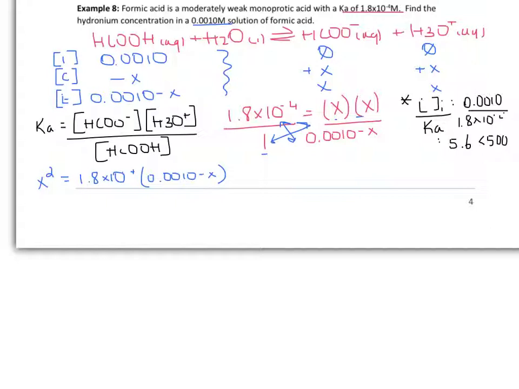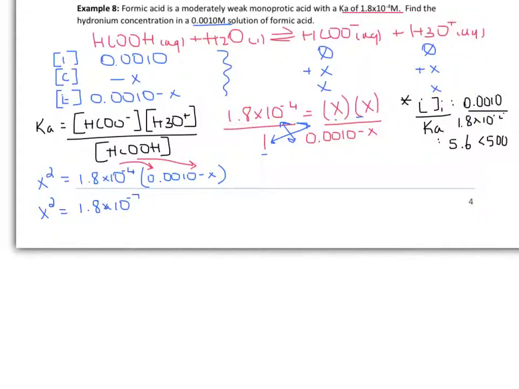In order for us to get this into the brackets, we must, in essence, FOIL it in. So we are going to get x squared equals 1.8 times 10 to the negative 4 times 0.0010 will be 1.8 times 10 to the negative 7.